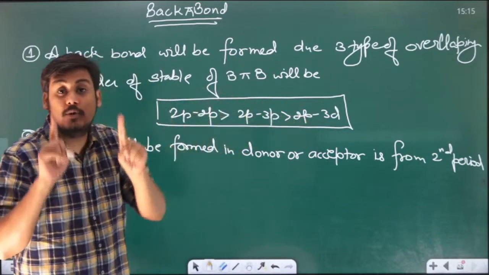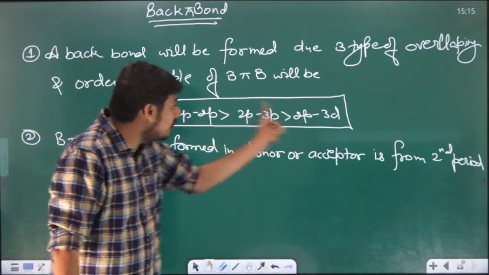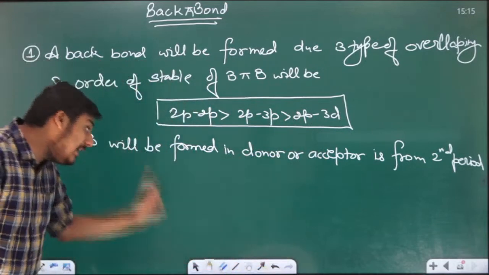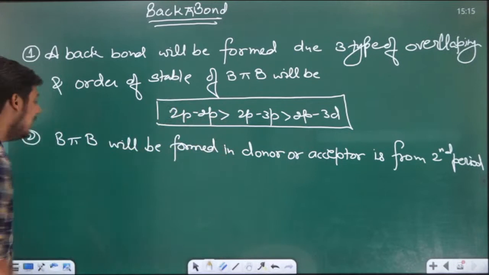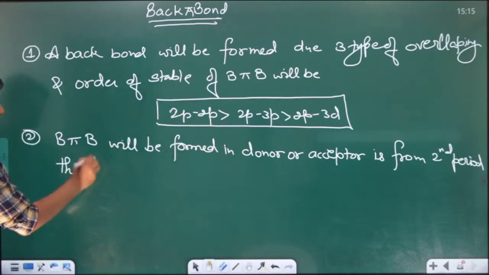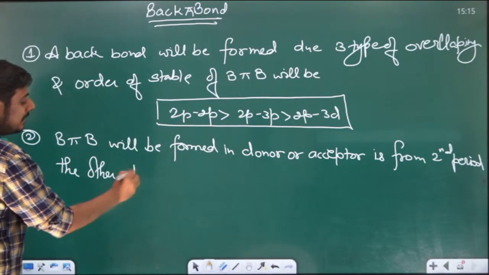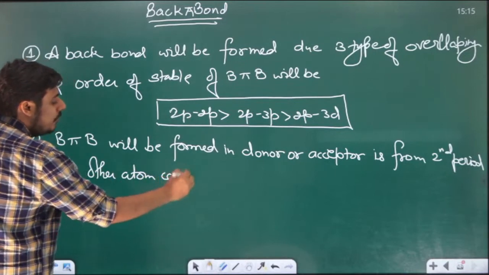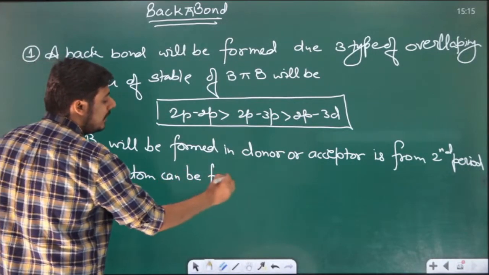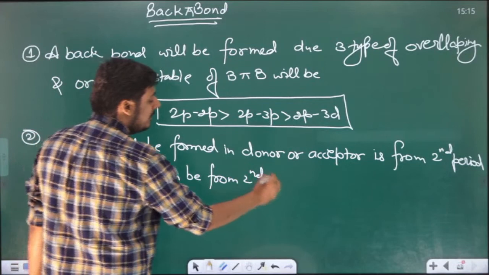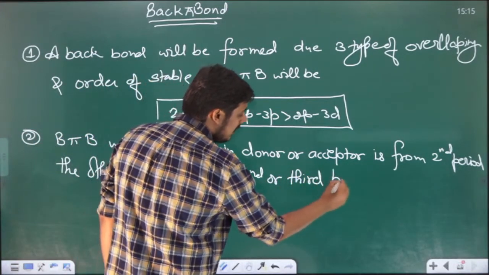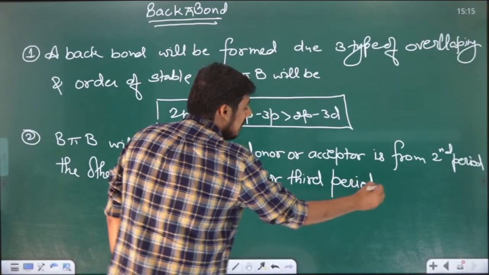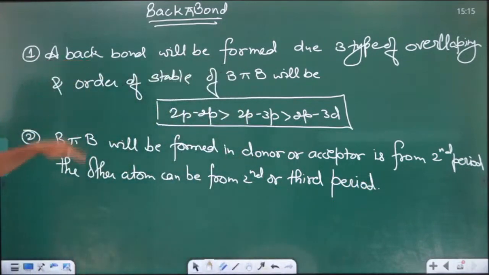For back pi bond formation, there must be at least one 2p, and that will be only possible if either donor or acceptor is from the second period. The other atom can be from the second period or third period. Now this is one and the same thing which I have written, just in another language.